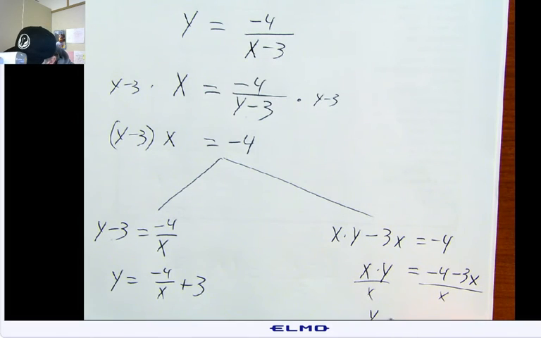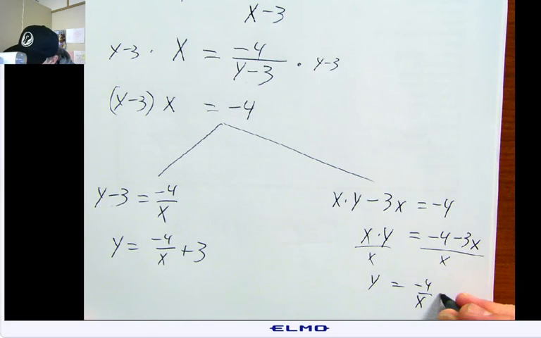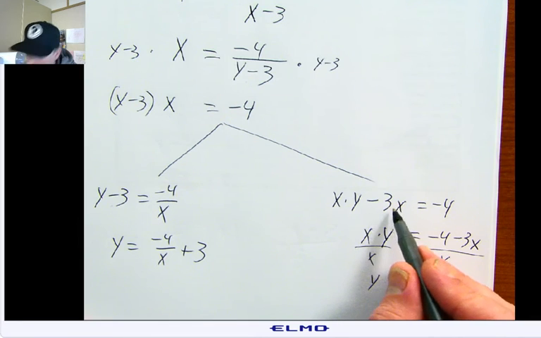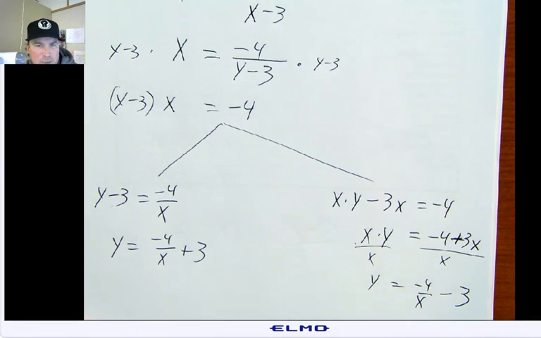And I end up getting y equals negative 4 over x, and when I divide 3x by x, those would cancel out, and I'd get a minus 3. It sure feels like I've made a mistake somewhere. Oh, I did. On this step, I should have added 3x to both sides. So it would be plus 3x, which means here it would be plus 3.